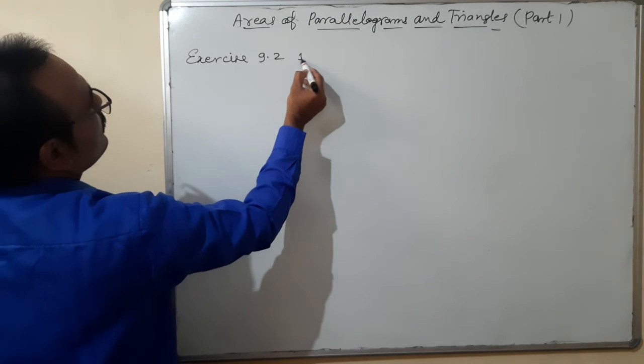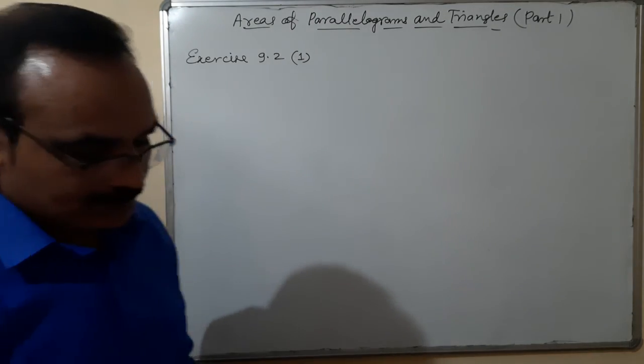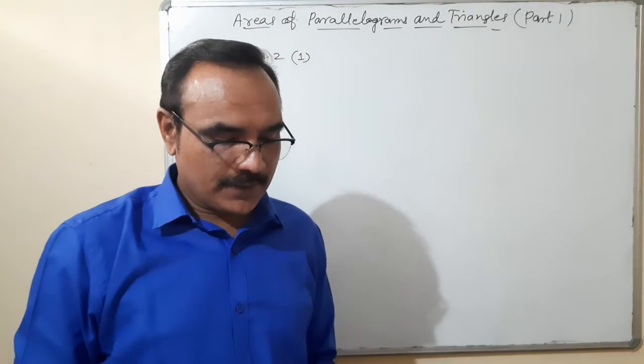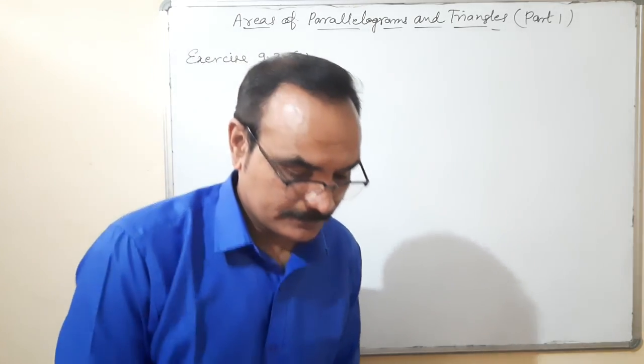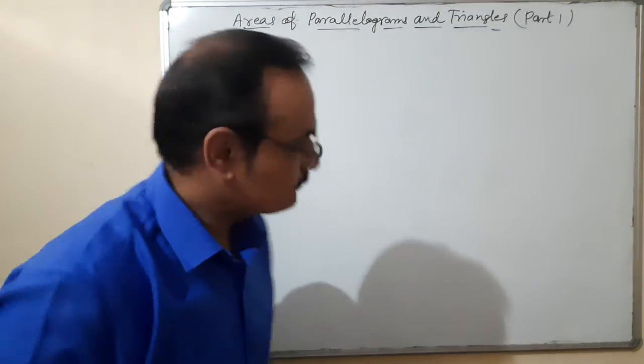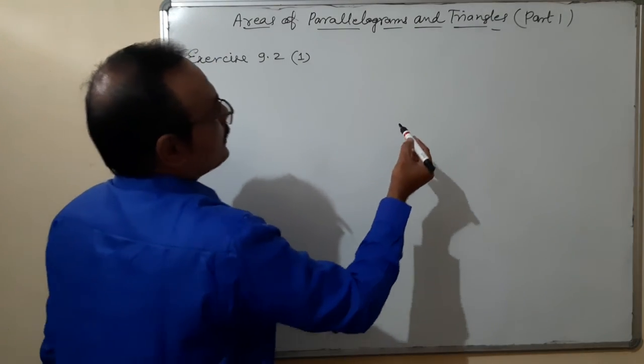Exercise 9.2, taking question number 1. One figure is given. In figure 9.15, ABCD is a parallelogram.